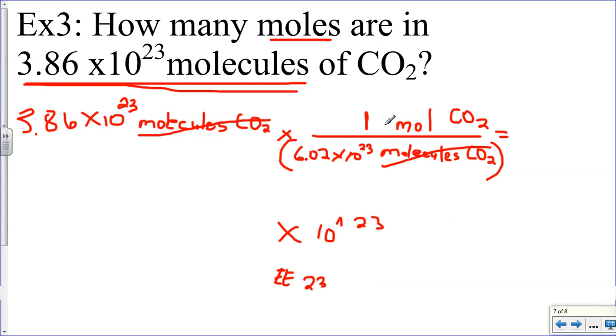So put this into your calculator right now and see what answer you get. You may want to try it with parentheses around this denominator of 6.02 times 10 to the 23rd, and try it with and without. See what answers you get.